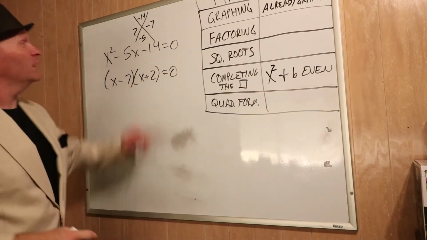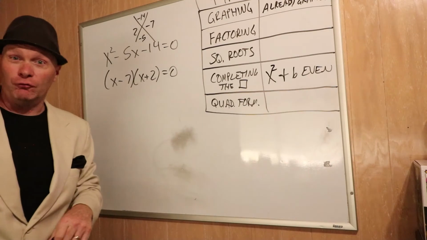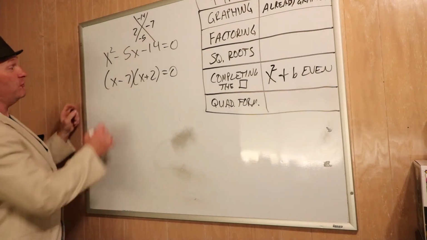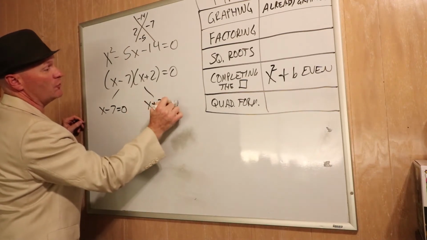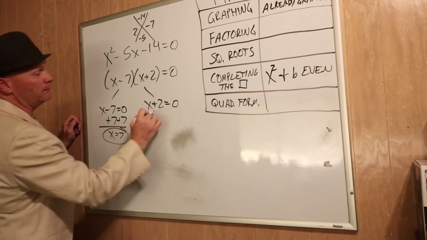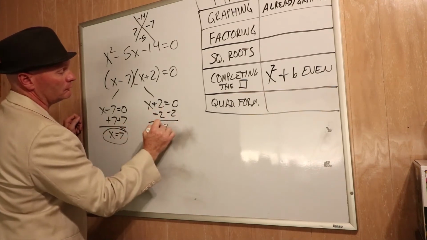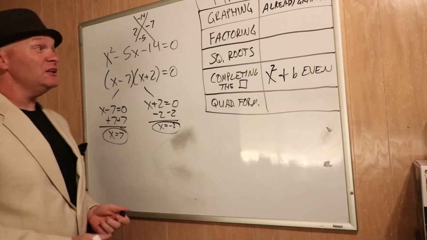Remember, if you can't figure those out, just list all the different ways to multiply to make negative 14. Once you factor it, you make each side equal 0, solve each side. There we go. So factoring is very quick and very easy.